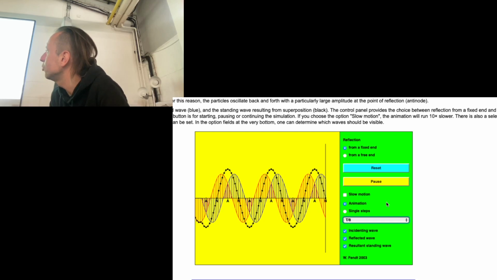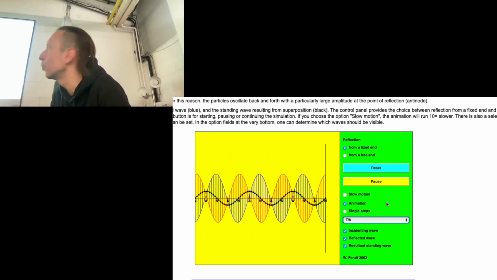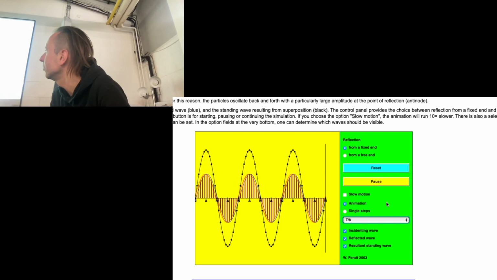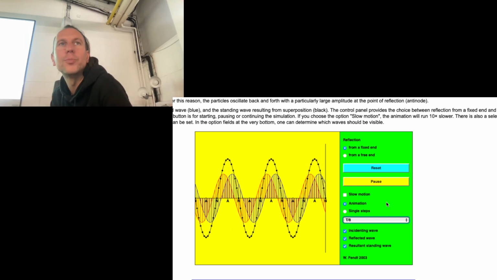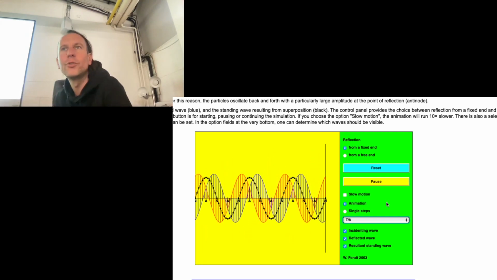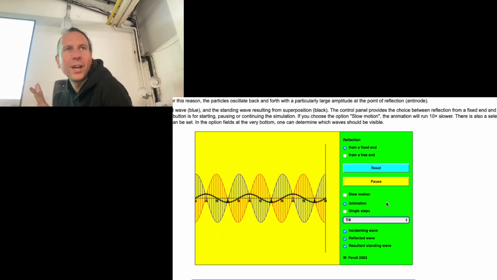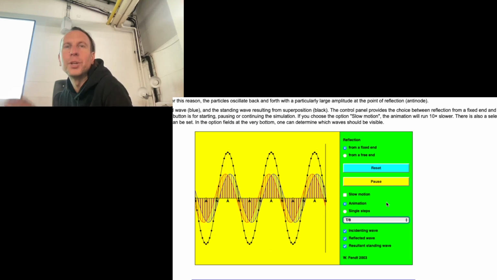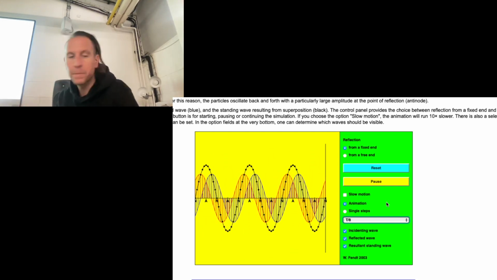The other thing that you observe is that the summation of the two waves, the forward traveling and the reflected wave, appears to be standing. So this is how the traveling wave with the reflection amounts to a standing wave.